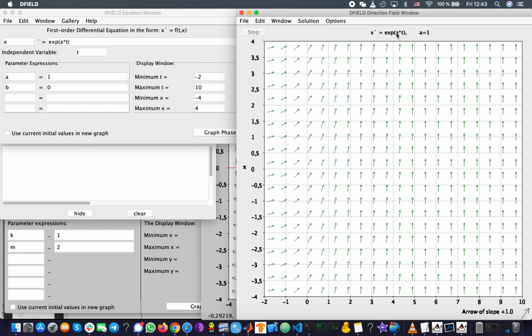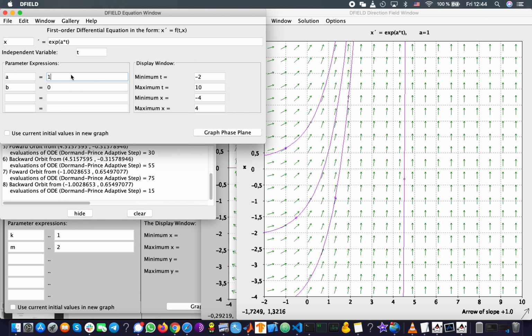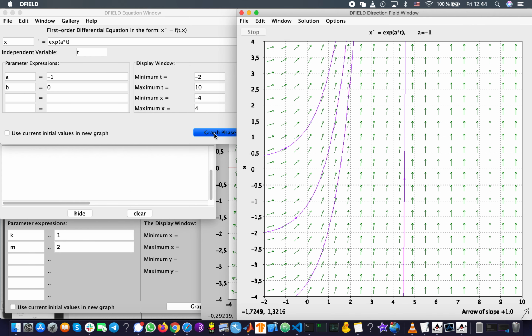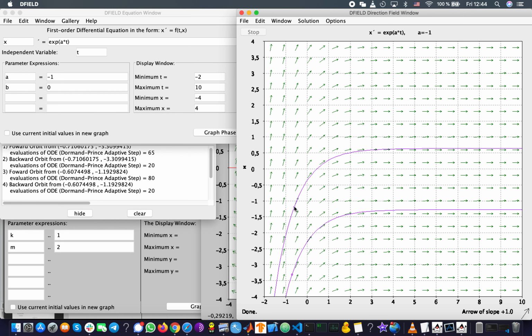So if this a is positive, then I have just exponential growth. So x with respect to t is just an exponential growth, right? And you can see it here. However, if it is -1, then you see that it's pretty much going asymptotically, just decaying, however very very slowly.